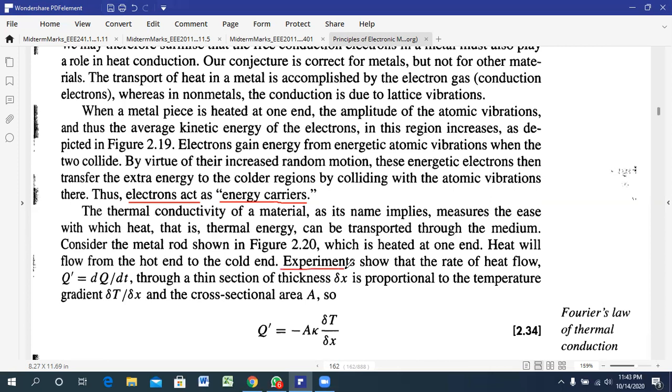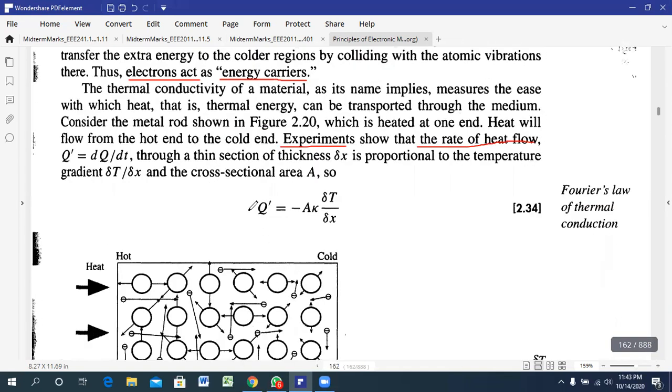Now, experiment shows that the rate of heat flow, q prime equals dQ divided by dt, through a thin section of thickness delta x is proportional to the temperature gradient, delta T divided by delta x, and the cross-sectional area A. So we can conclude these things with this heat flow.